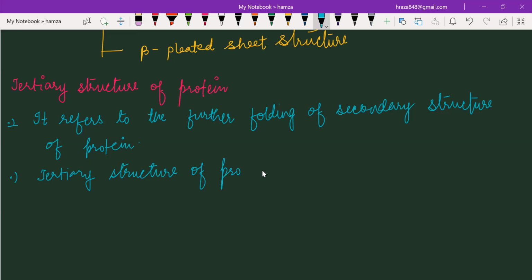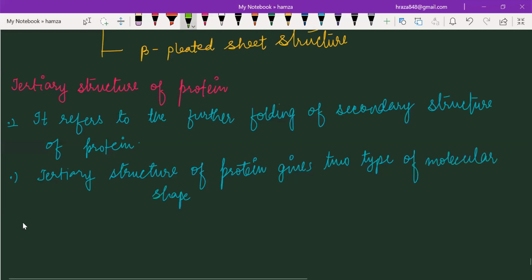It gives two types of molecular shape. The first one, you already heard about it, globular and fibrous. So we already know about globular. So this is globular, further folding.